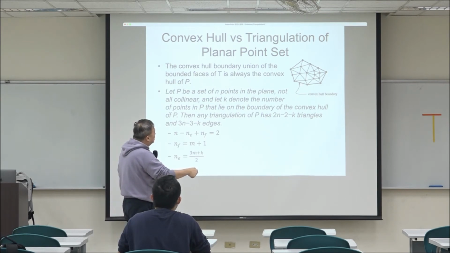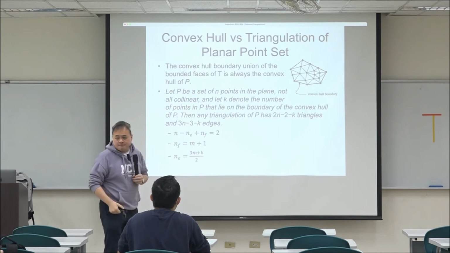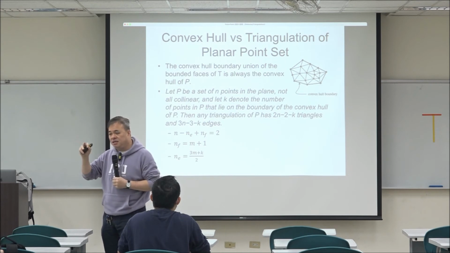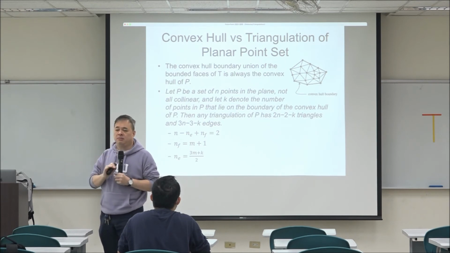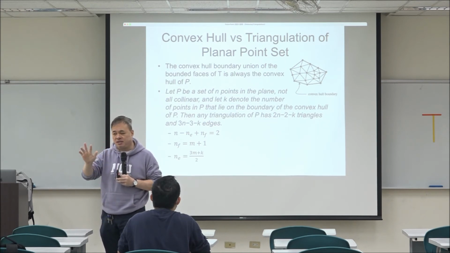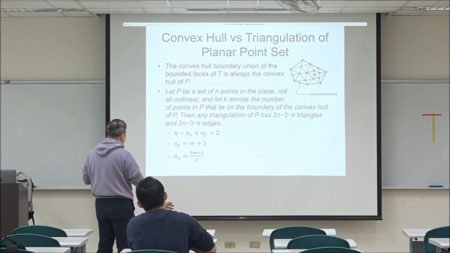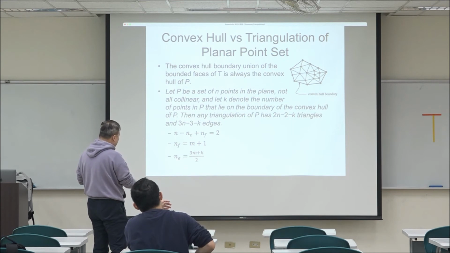Because only this boundary will be counted once, we add a k so that all the edges will be counted twice. So 3n plus k means all edges are counted twice, and then we divide this result by 2 to get the number of edges.